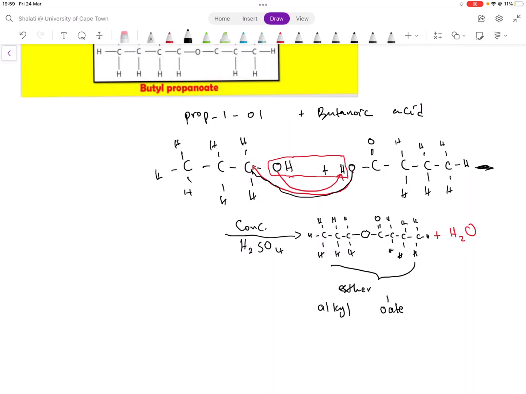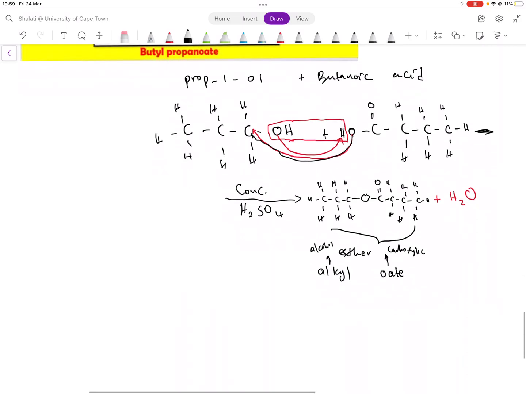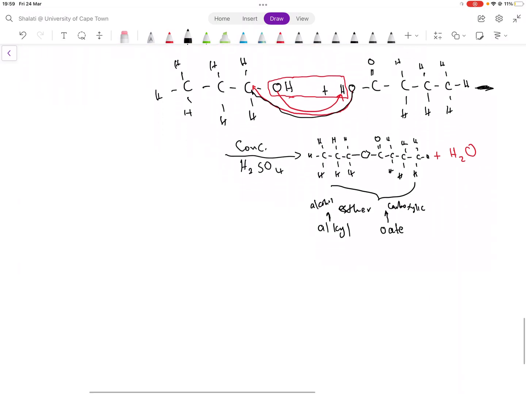So this is from the carboxylic acid, and the alkyl group is from the alcohol. Alkyl means it's now treated as a substituent, like methyl, ethyl.